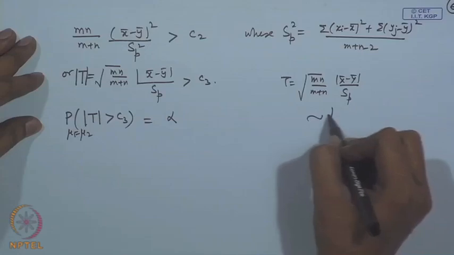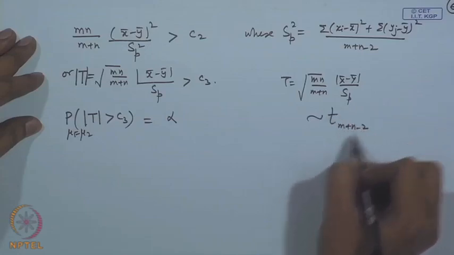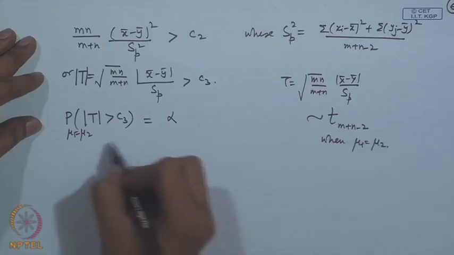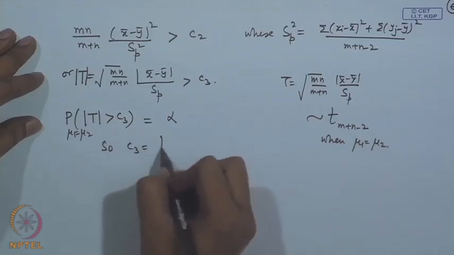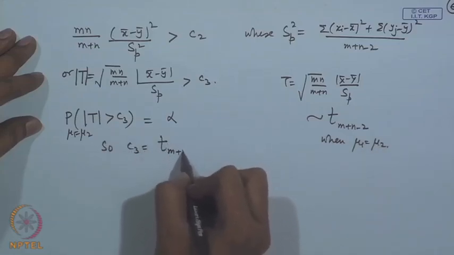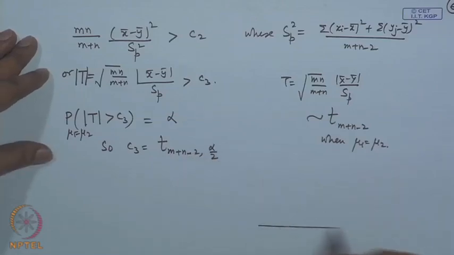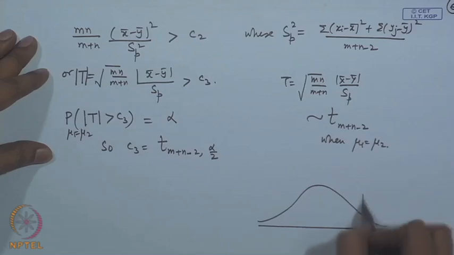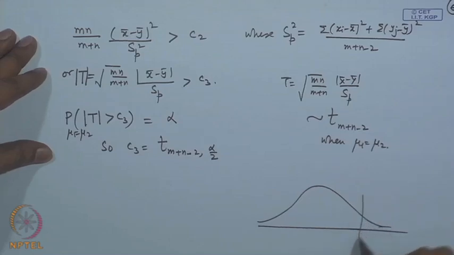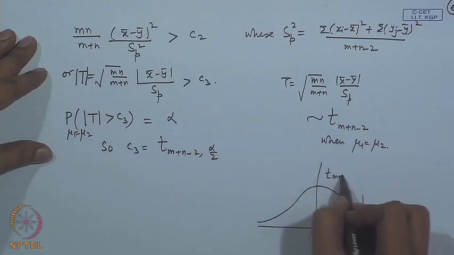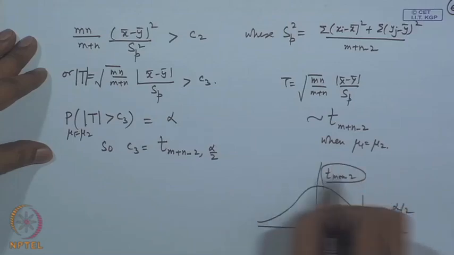This follows a t distribution on m plus n minus 2 degrees of freedom when mu 1 is equal to mu 2. So, C 3 we can take to be t m plus n minus 2 alpha by 2, that is the upper 100 alpha by 2 percent point. This probability is alpha by 2 if this is the curve of the t distribution on m plus n minus 2 degrees of freedom, that is, the density function of this.